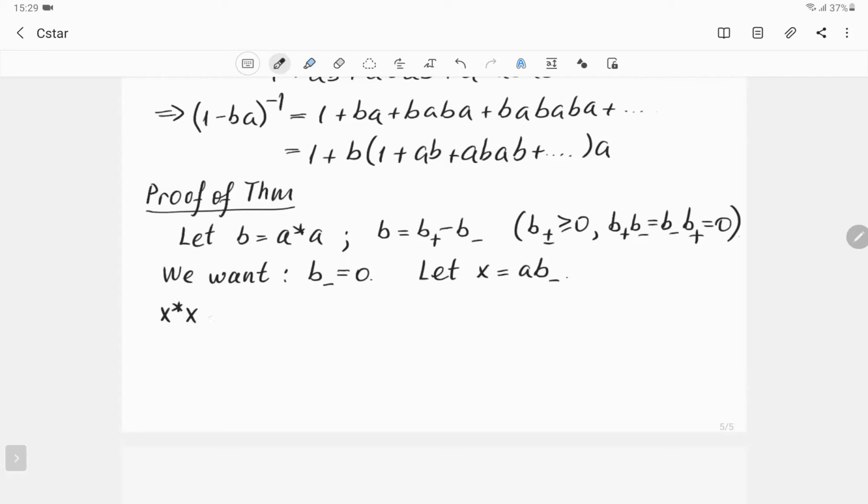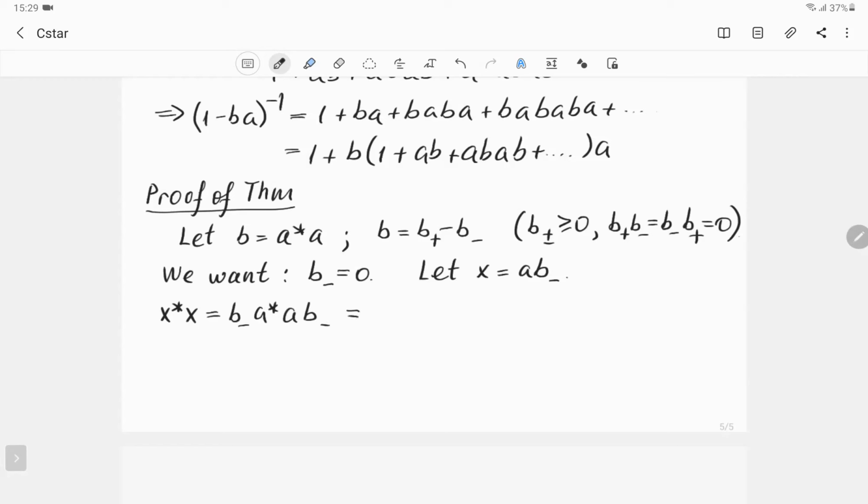X star X is, just a moment, yes, okay, B minus A star A B minus.